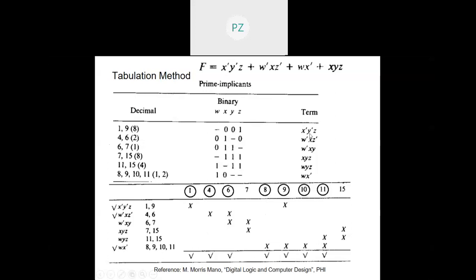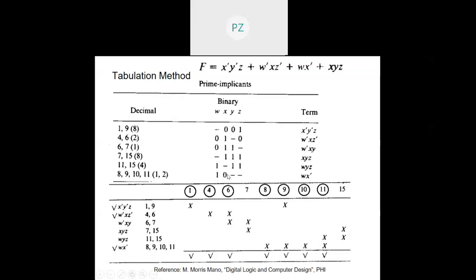So I'll write it. w gets eliminated, x dash y dash z. This will be w bar x, y gets eliminated, and z dash, right? This will be w dash xy, z gets eliminated. This will be xyz, right? Because w gets eliminated and all three are ones. And this will be wyz, so wyz.